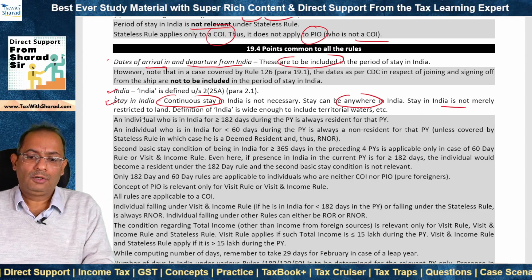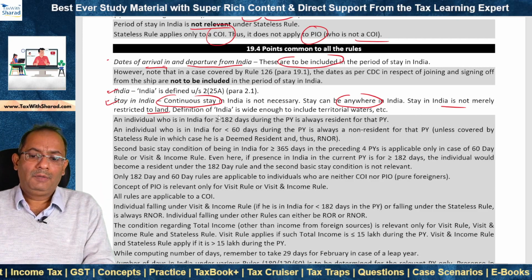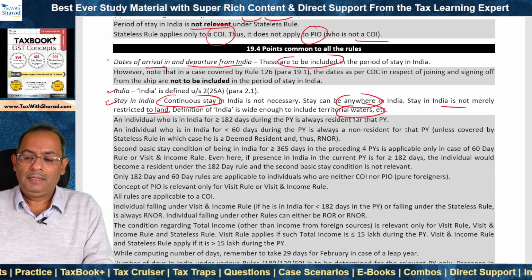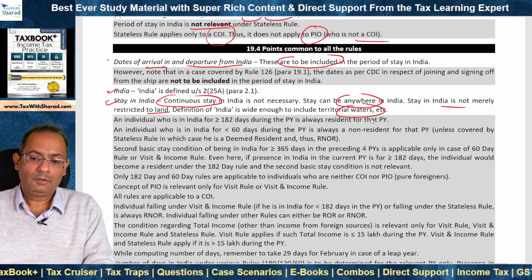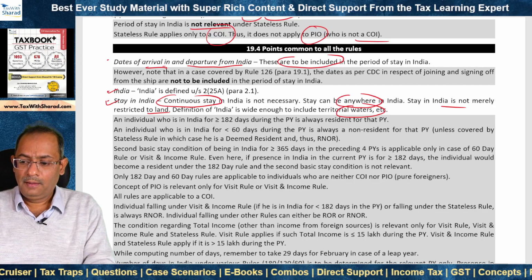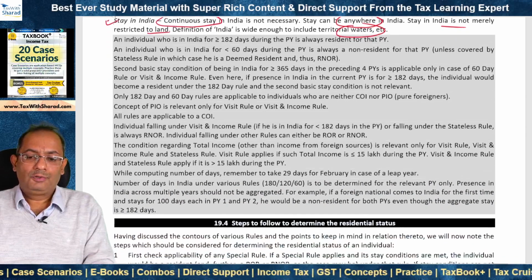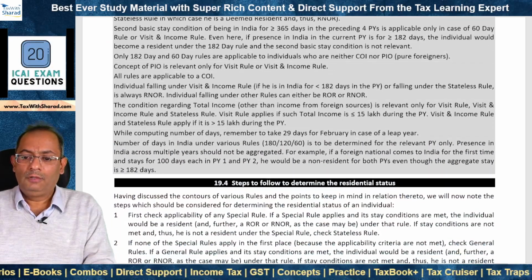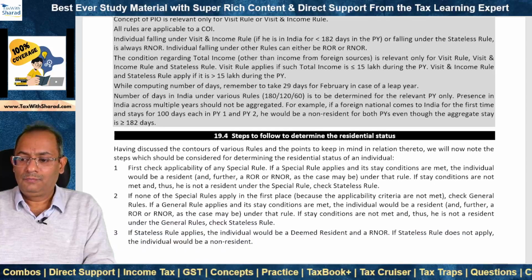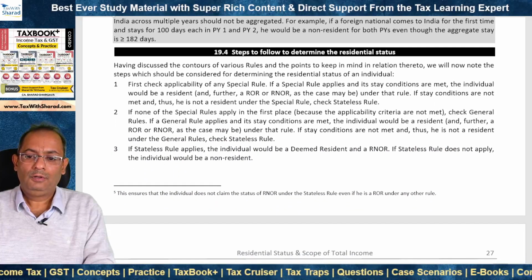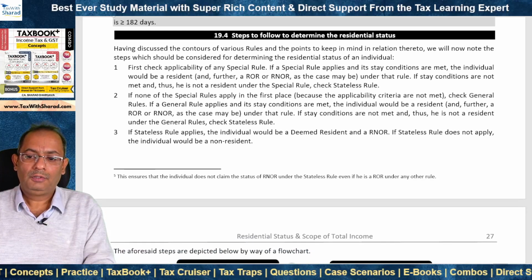And stay in India is not merely restricted to land because the definition of India is wide enough to include its airspace, as well as its territorial waters. All these points in gray are basically tax traps to avoid common mistakes. Some of them we have already discussed, and since this is a fast track video, we are not going to discuss these tax traps. We are only going to discuss the key points of the provision.